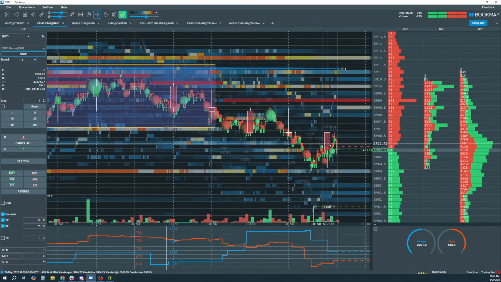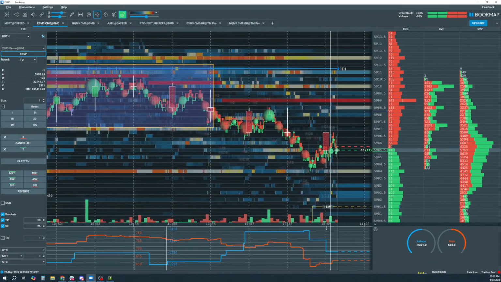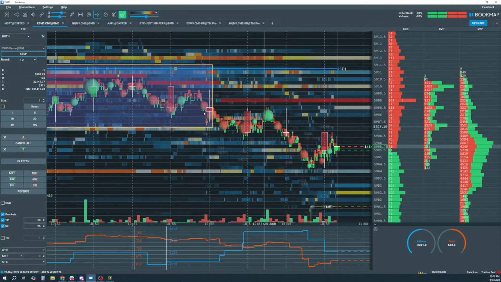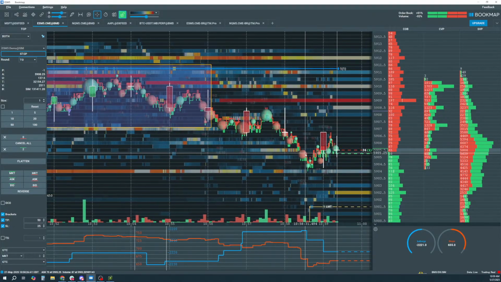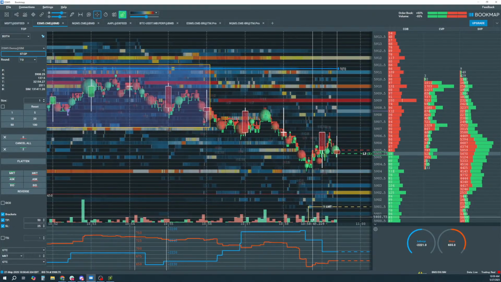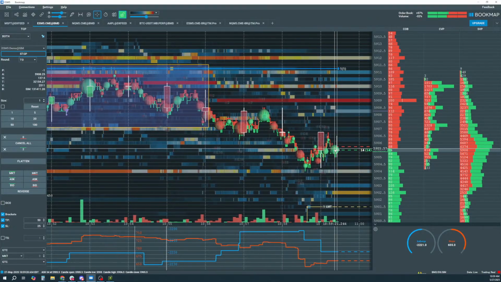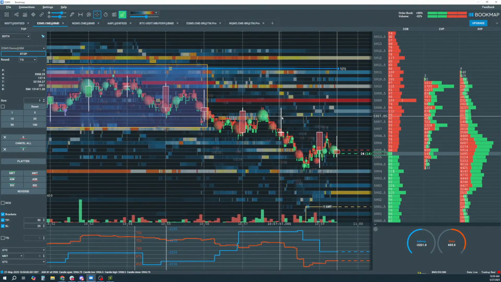And again, not much of a low volume pullback. Okay, are we starting to trend? I see some buying in here. That's not what we want to see.